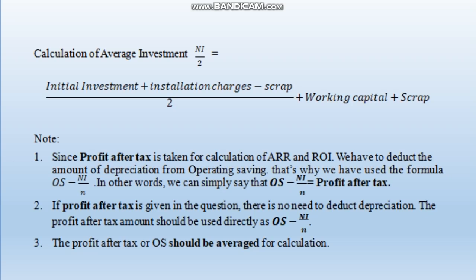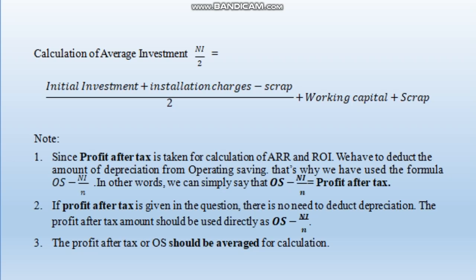That is why we have used the formula OS minus NI by N. In other words, we can simply say OS minus NI by N is profit after tax. If profit after tax is given in the question, there is no need to deduct the depreciation. The profit after tax amount should be used directly as OS minus NI by N.